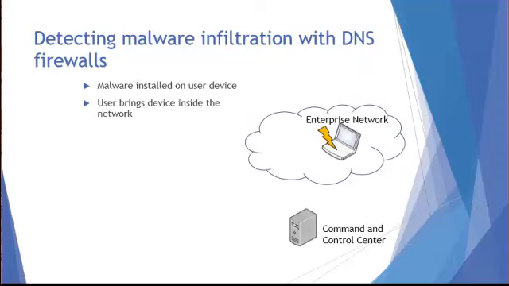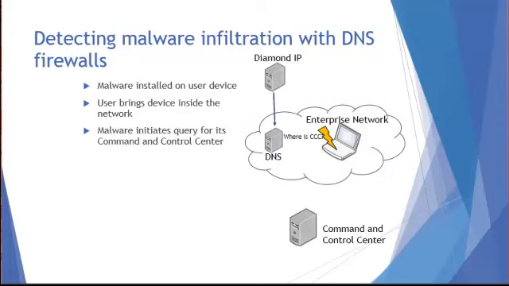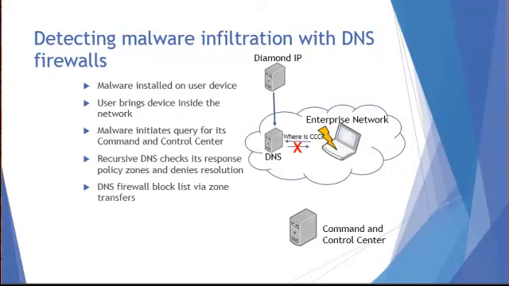Once the user's in the network, the malware activates, let's say, and again, like before, attempts to use DNS to make the connection. But in this case, our DNS server is equipped with a DNS firewall configuration, or response policy zone, as it's called, and is able to identify that the command and control center domain name or IP address, or the name server from which it's being served, is known as malicious or potentially malicious, and therefore the query can be blocked.